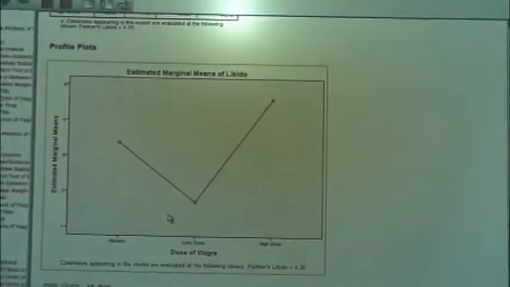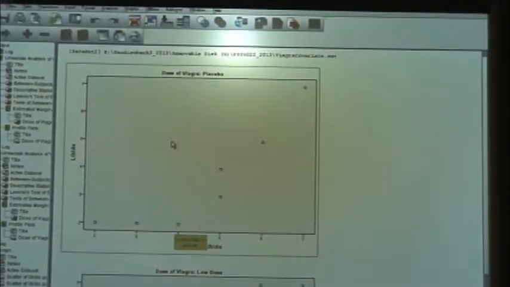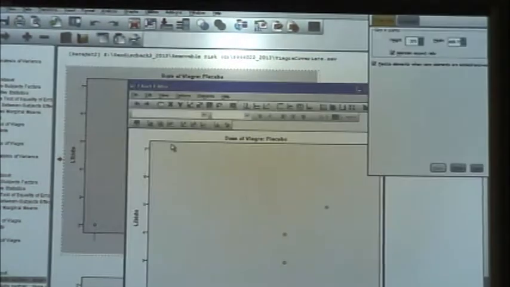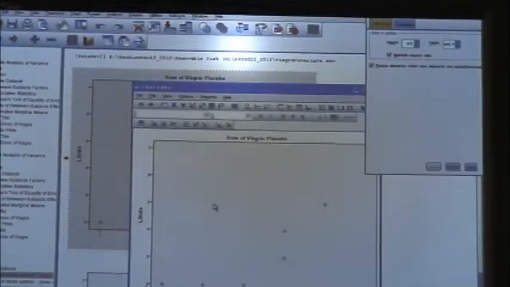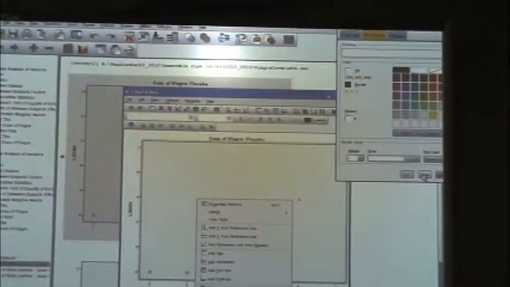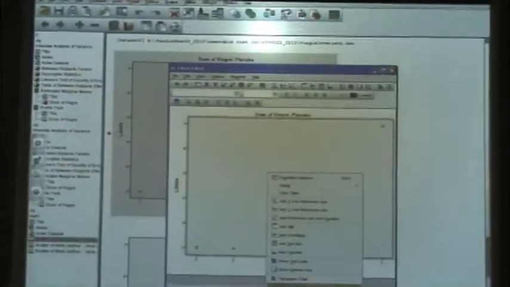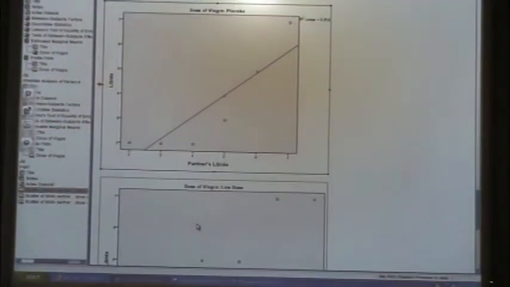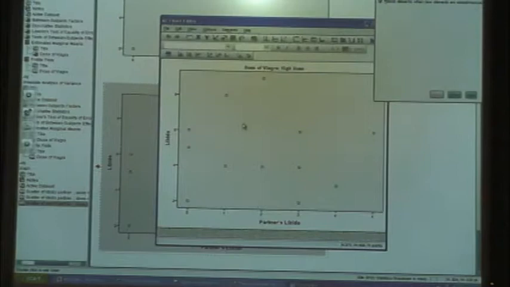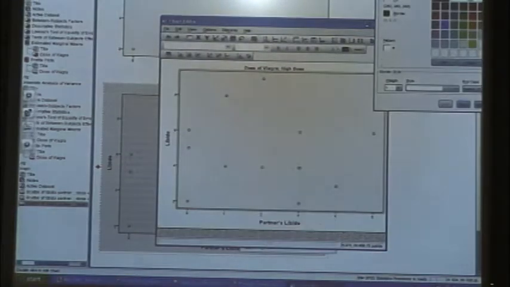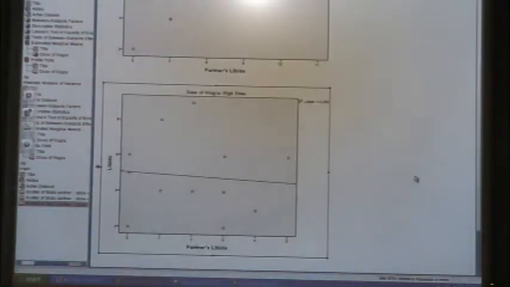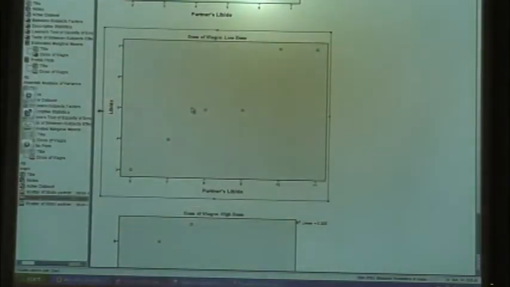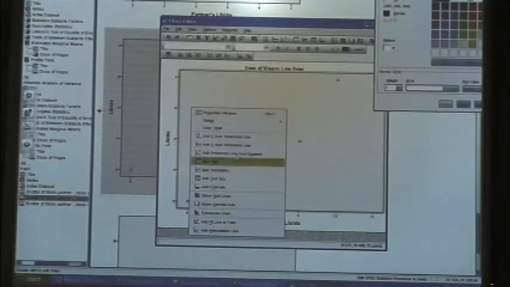And remember, what you do to get the lines is you double click on the graph, and then when it comes up, right click and do add fit line to total.